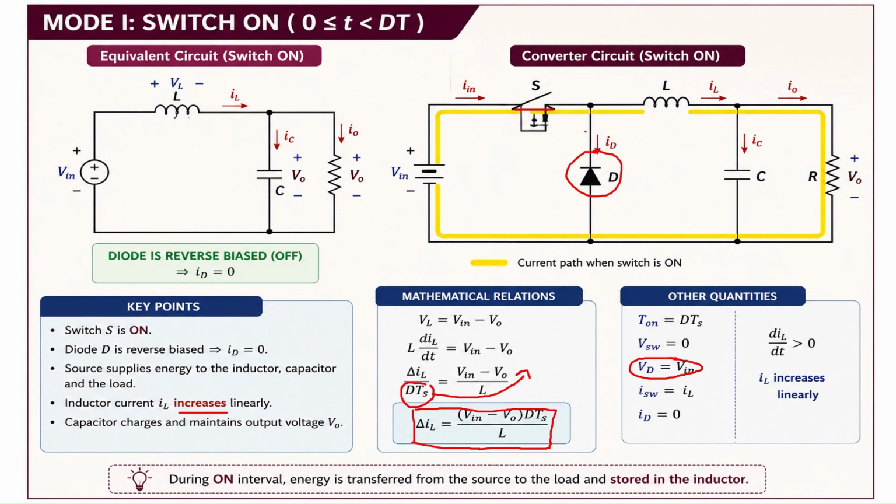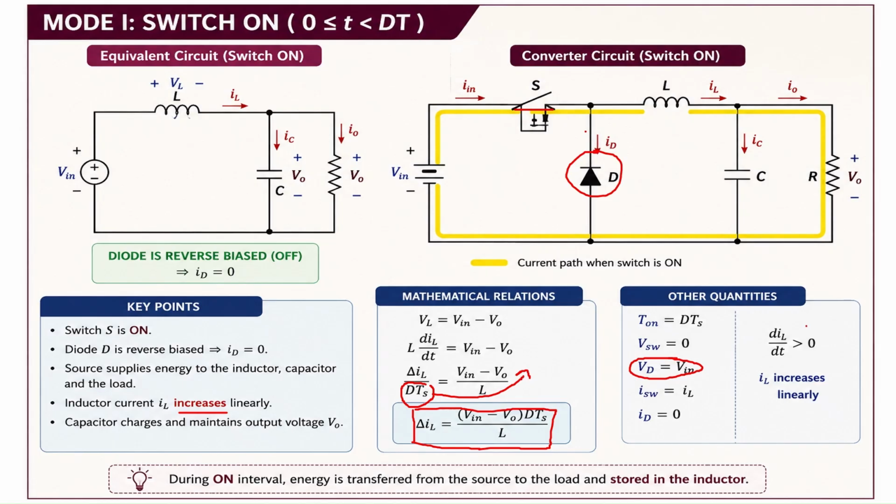This diode is open circuited, so the voltage across the diode will be equal to the voltage across the source. ISW is the current flowing through the switch, and ISW is equal to IL. The current flowing through the switch is equal to the current flowing through the inductor, and ID, the current flowing through the diode, will be 0 as it is open circuited.